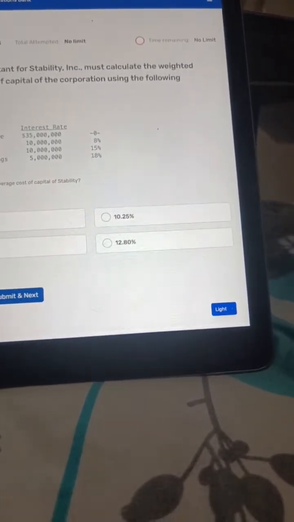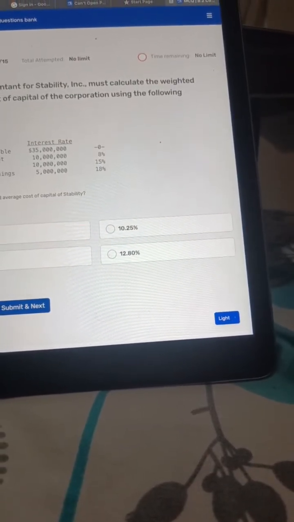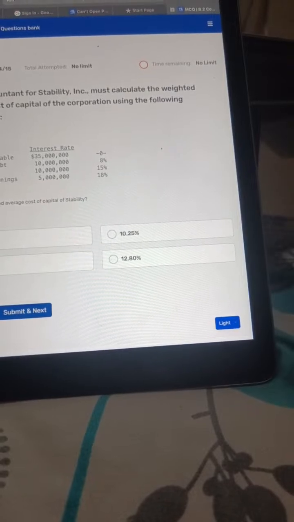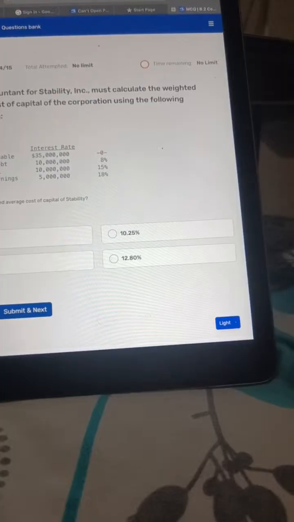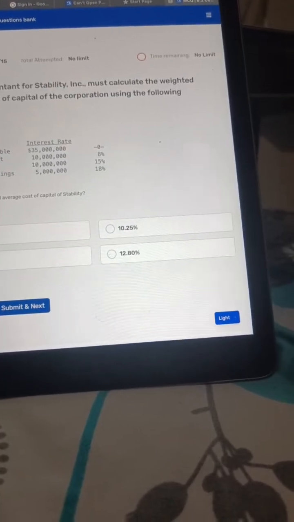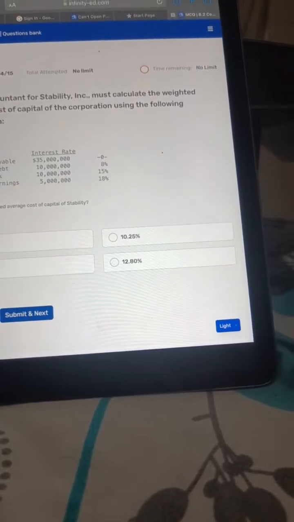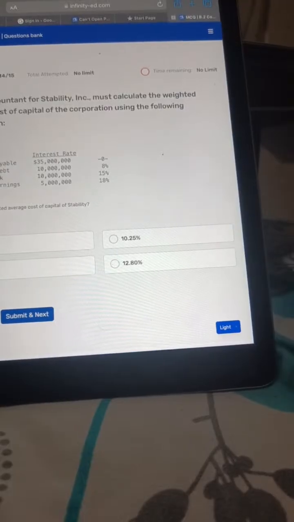Now question number 14. At question number 14 we have an accountant for the stability. INC must calculate the weighted average cost of capital of the corporation using the following information. Weighted average cost of capital we need to calculate, right?